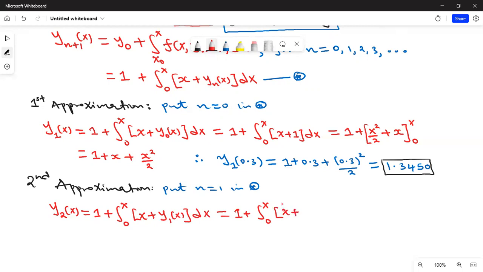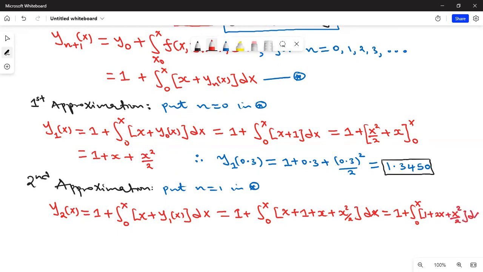We got it as 1 plus x squared over 2 dx, which is the same as writing 1 plus the integral from 0 to x. When I add those, I'm going to get 1 plus 2x plus x squared over 2.